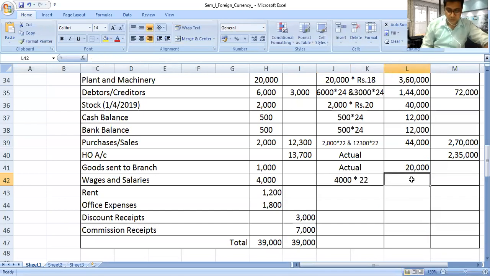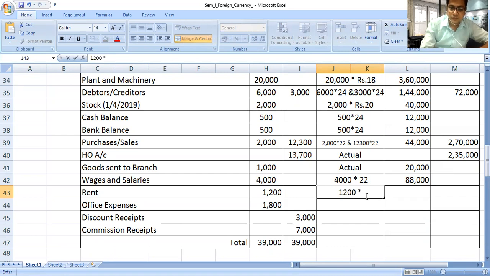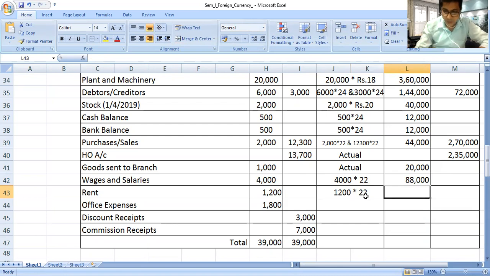How much did you get? 4,000 into 22 is 88,000. Then rent is also an expense, so we consider the average rate. Expenses are always recorded at the average rate. The value is 26,400. Then office expenses 1,800, again at the average rate of 22 rupees per dollar.